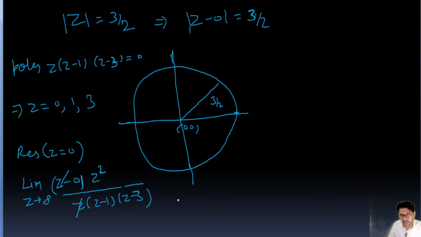Z will get cancelled and we put z equal to 0.